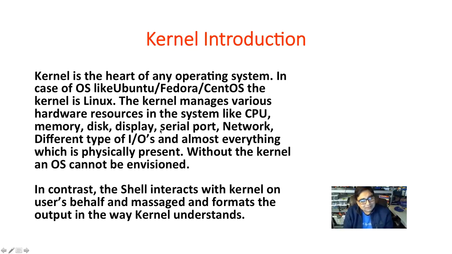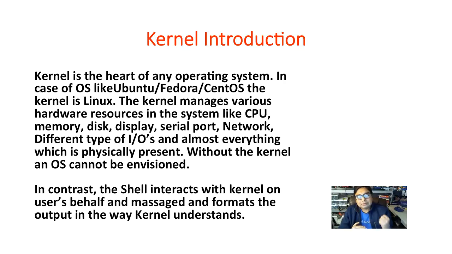For Windows also it does the same, but the kernel functionality, like in terms of device drivers, file system, and the way everything is a file in Linux, is not the same in Windows. We will not go into those kinds of details, just an introduction. So the kernel manages all your hardware resources, and when we say resources, they are mostly CPU, memory, disk, and IO.